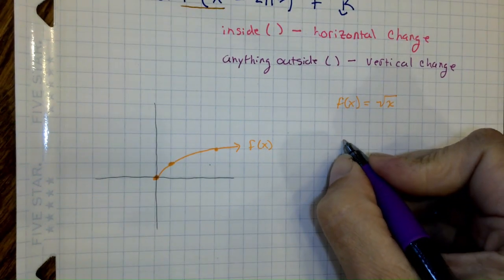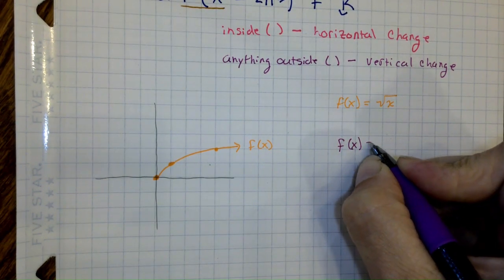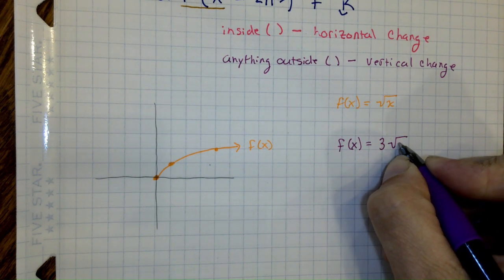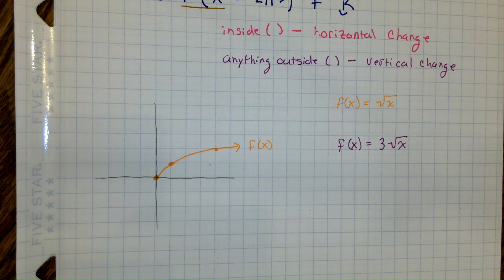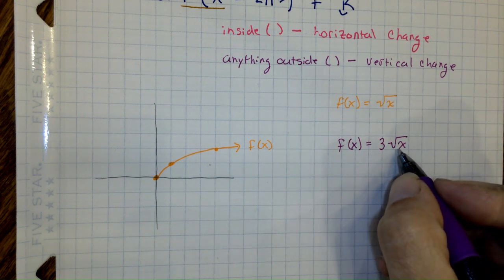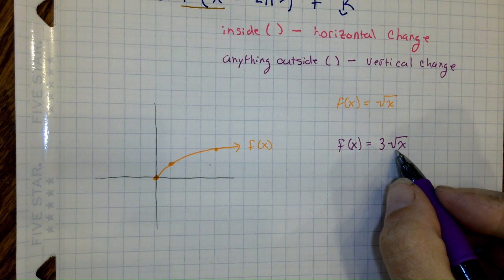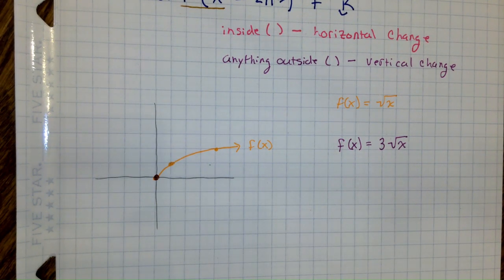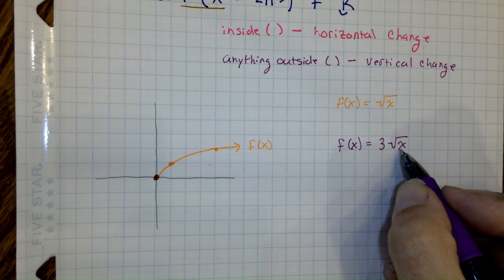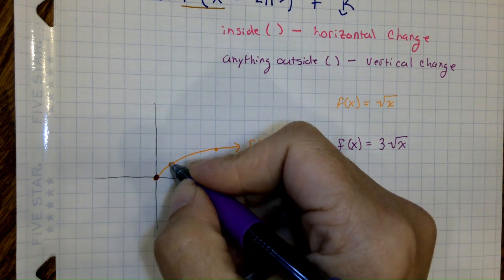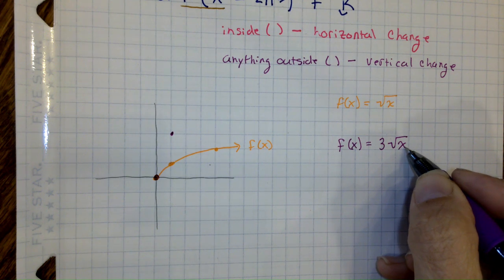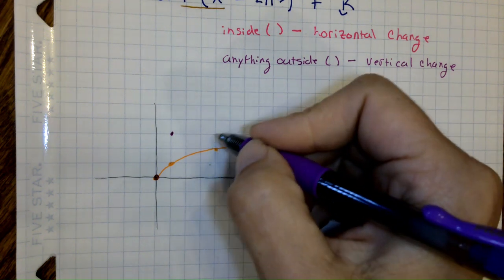So what's going to happen if I have 3 square roots of x? Well, if I put in 0, the square root of 0 is 0 times 3 is still 0. So it's starting at the same spot. If I do 1, the square root of 1 is 1 times 3 is 3. And if I do 4, the square root of 4 is 2. 2 times 3 is 6.